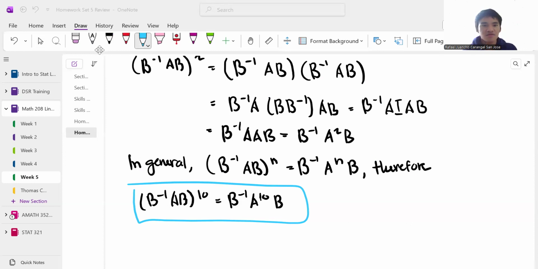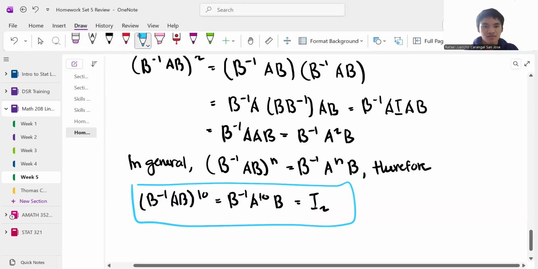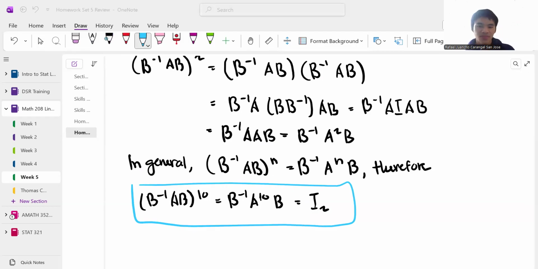And funny enough, and I think this one is not super obvious to me, but it's actually gonna just give us the identity. But we're just writing it in terms of A and B. Okay.